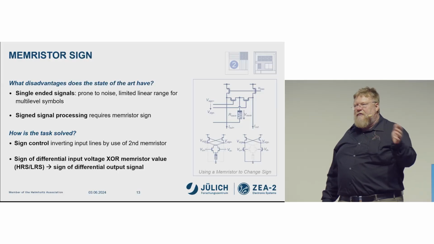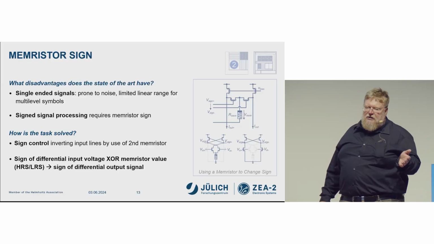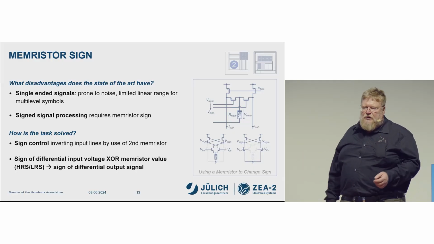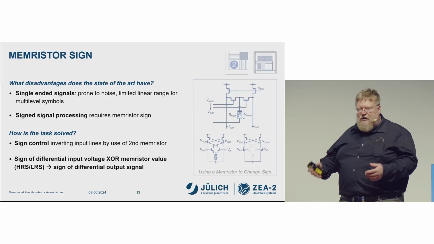And this clearly follows what is done in a multiplication or an XOR, so that with a second memristor, which is also not so prone to the memristor value itself, you can change the direction of the output current of the memristor cell. So in itself, now you can have 4 times the signal range by really doing signed signal processing.